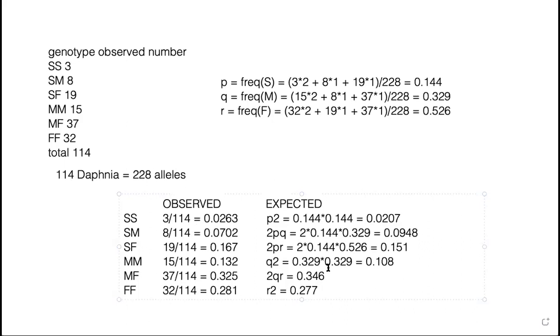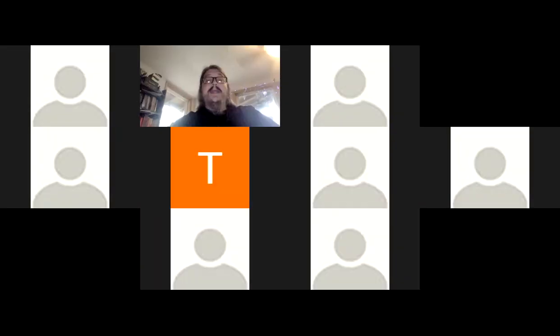It's a little hard to say whether we're in Hardy-Weinberg or not just by looking. This would be yet another case where you'd want to plug that into a chi-square and run a test on that. But that's basically how you do the problem, and that's how you expand to more than just 2 alleles.